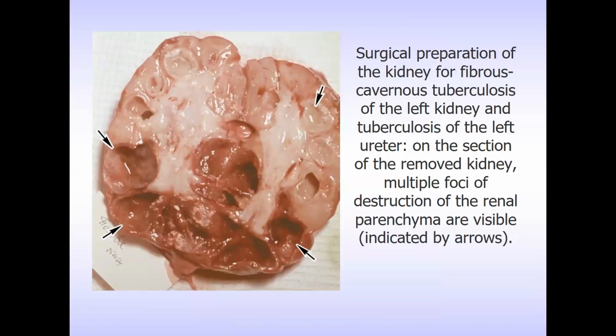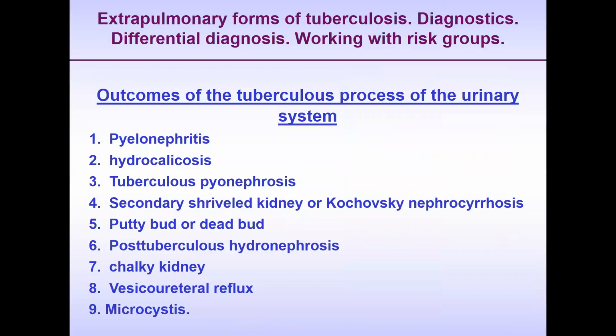We can see in this picture a surgical preparation of the kidney: fibrous cavernous tuberculosis of the left kidney and tuberculosis of the left ureter. Outcomes of the tuberculosis process of the urinary system: pyelonephritis, chalky kidney, microcystitis, tuberculous pyelonephritis, and so on.